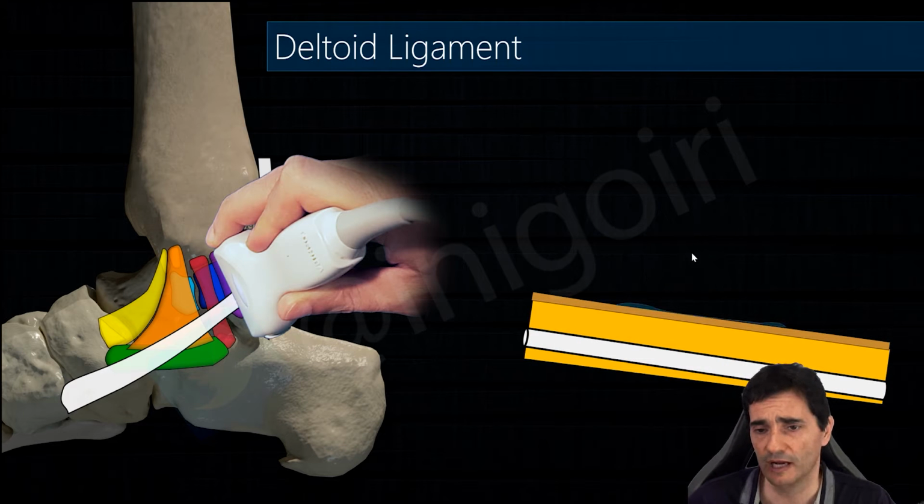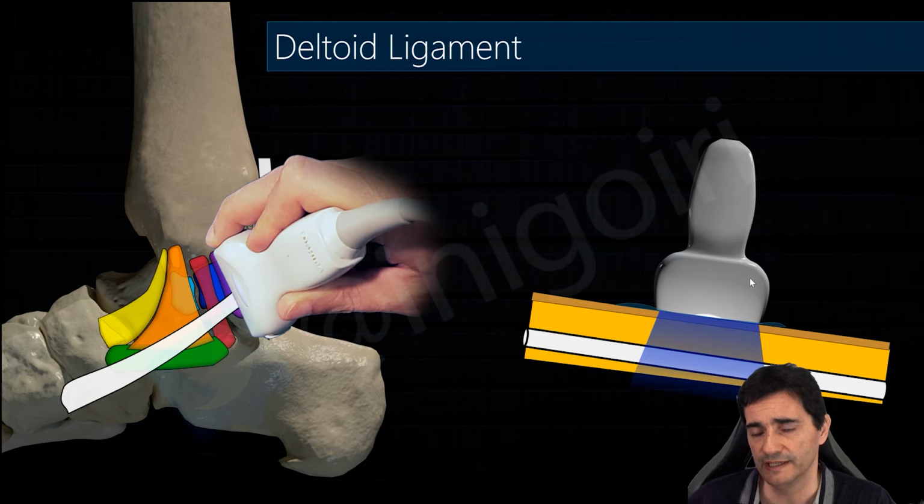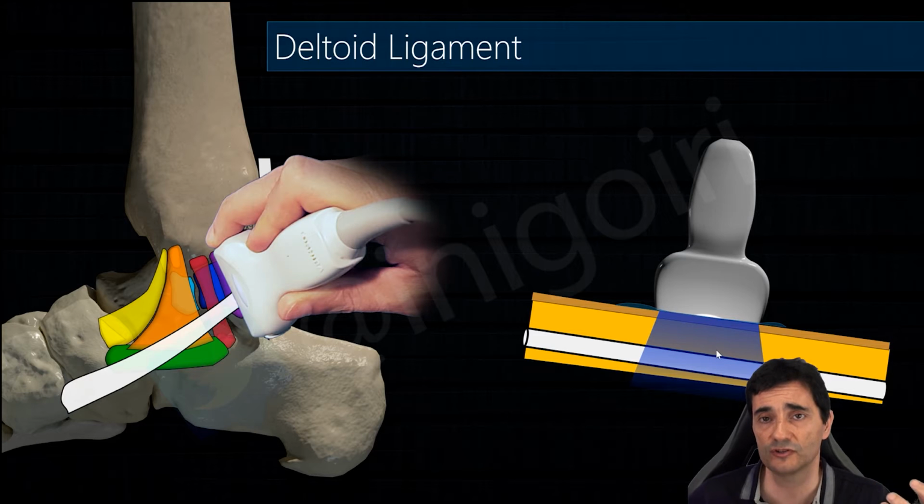Usually when you perform an ultrasound, if the probe is perpendicular to the structure, so the sound has a perpendicular direction, the tendons and anisotropic structures are very hyperechoic, like the tissue surrounding these structures.